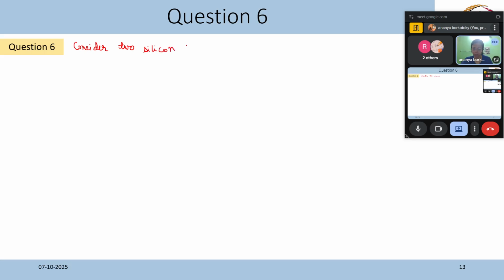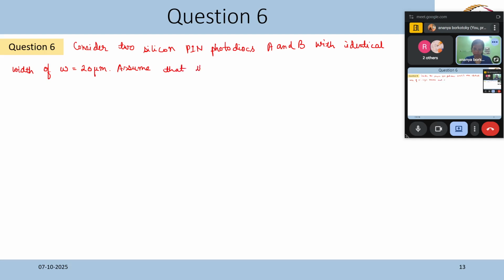Consider two silicon PIN diodes. Here we have the photon flux, not intensity.